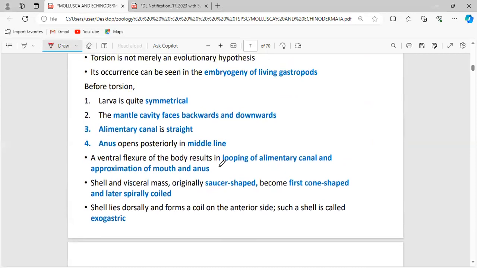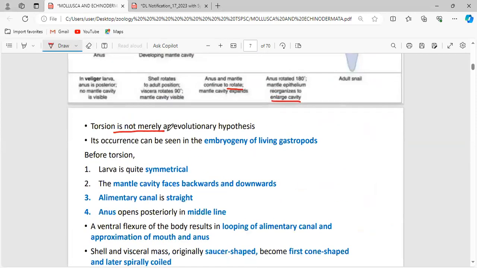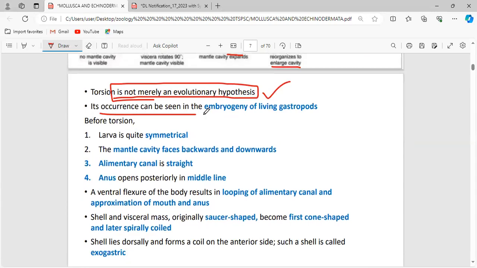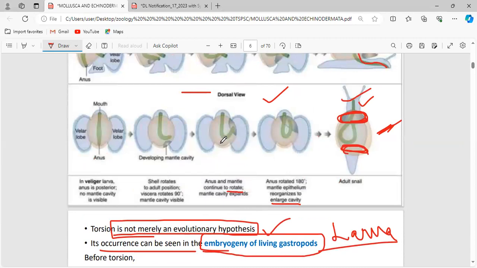Now, see, torsion is not merely an evolutionary hypothesis. You should not link this process to the evolutionary mechanism. Its occurrence can be seen in the embryogeny of living organisms. Also, you have to know that it takes place only in the larval stage. And see how the question will be asked: what is torsion?